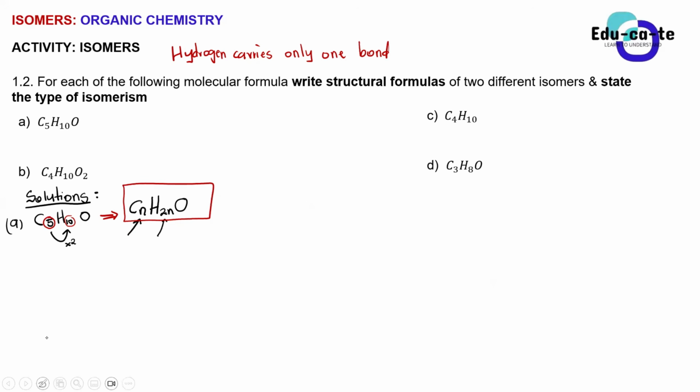Okay, anyway, tell me the aldehyde that you can draw from this molecular formula, C5H10O. Which aldehyde can you draw from this molecular formula? There's only one possible aldehyde that you can draw from C5H10O.